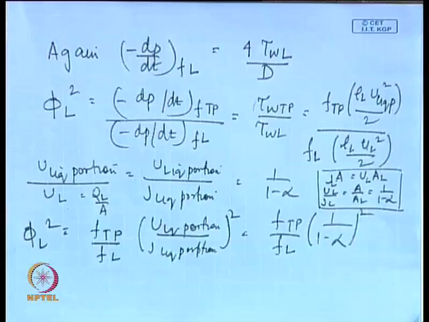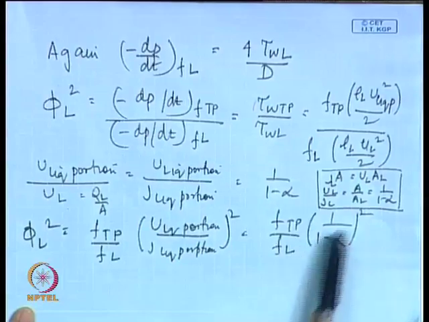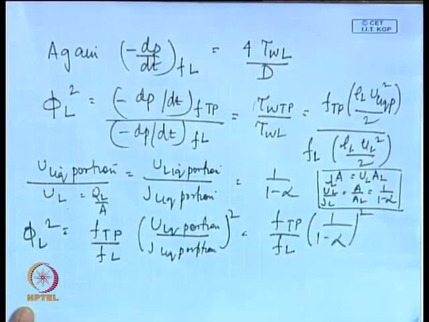This has nothing to do with homogeneous, mind it. It is simply a separated flow model. First, I found phi L square using the separate cylinder model as proposed by Lockhart and Martinelli. Then I found phi L square from the actual flow situation, and I got F TP by F L into 1 by 1 minus alpha whole square.